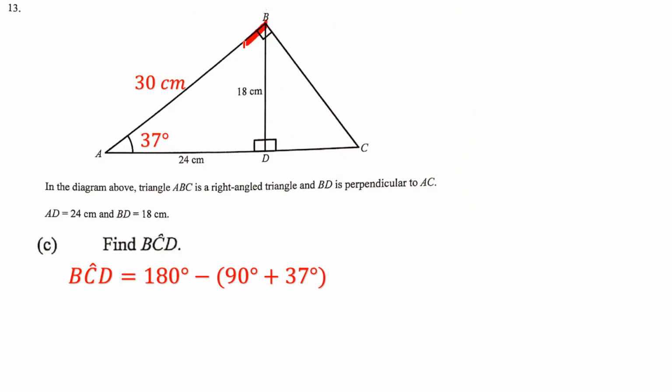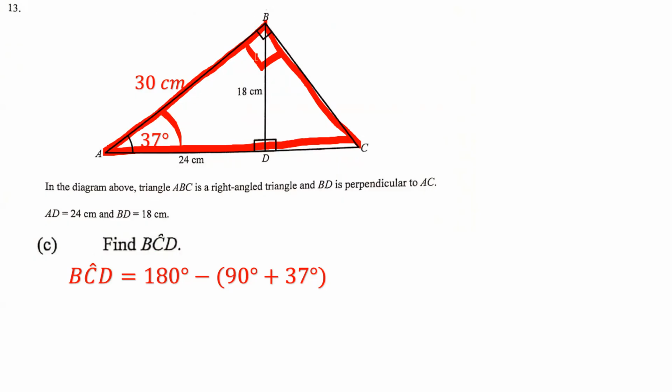If you look carefully, this is a bigger triangle, right? And this right here is 90 degrees. So that's 90 degrees for the triangle. We just figured out that this is 37 degrees. If you're trying to figure out this angle, it's angles in a triangle.